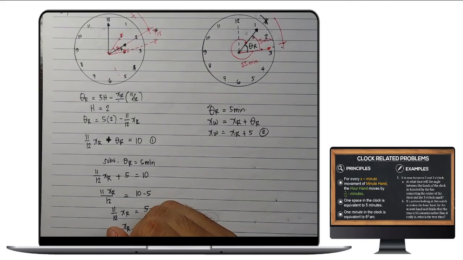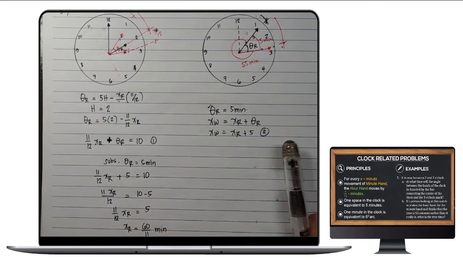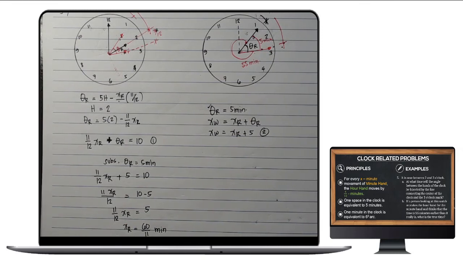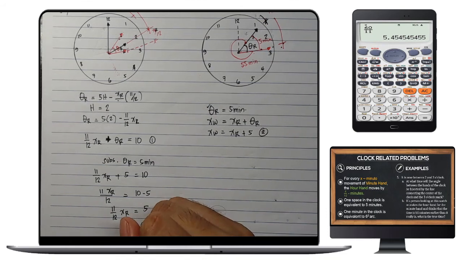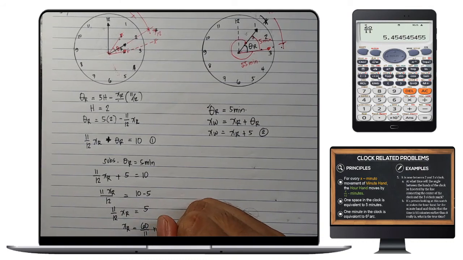Okay? Or, X sub R natin is equal to, kunin natin yung ating calcu. Okay? So, that is 60 over 11. So, 60 over 11 is 5.4545. Okay? So, that is 5.4545 minutes.